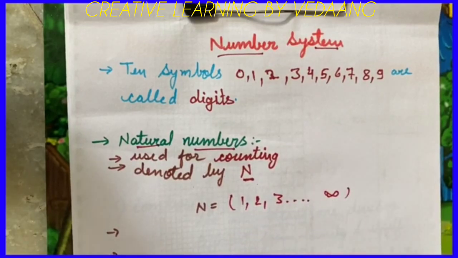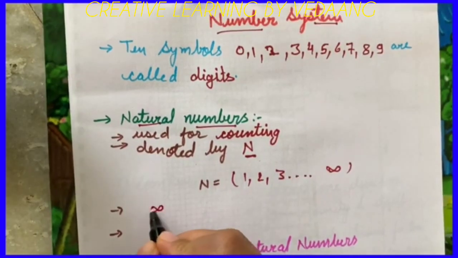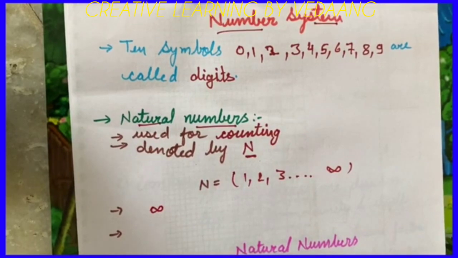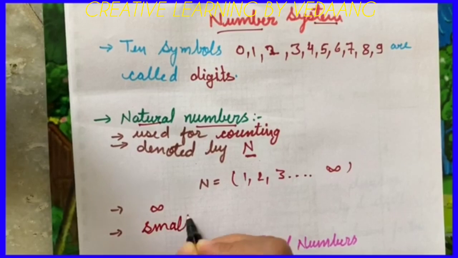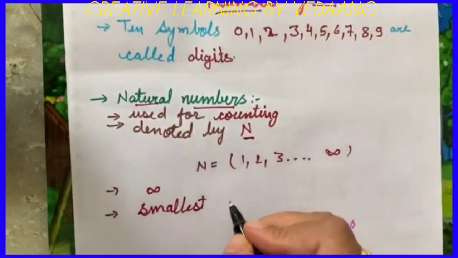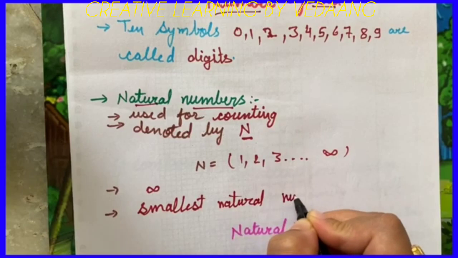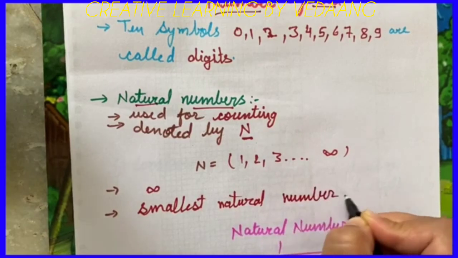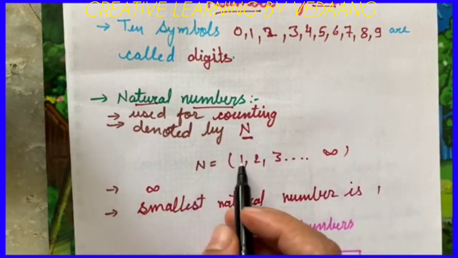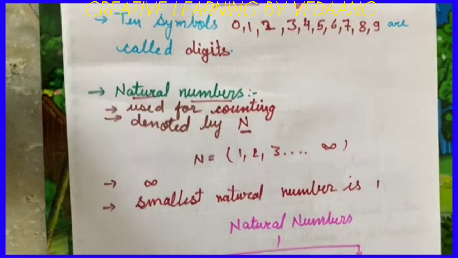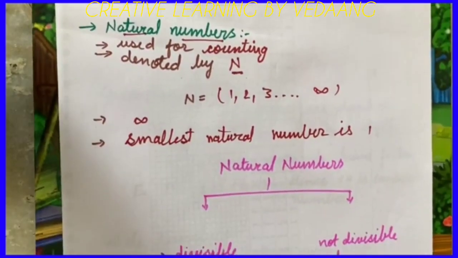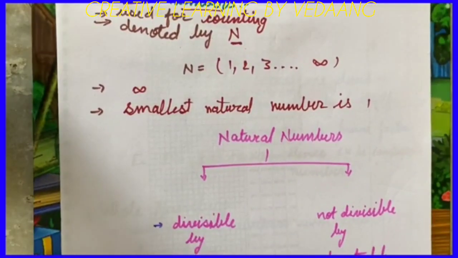There are infinite number of natural numbers, and the smallest natural number is 1.